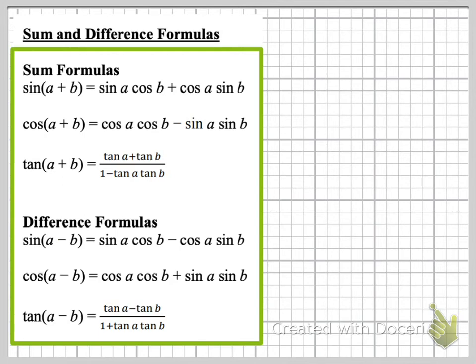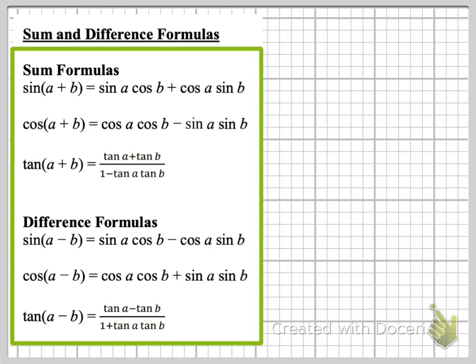You're going to really go over this quite a bit in pre-calc, but it really does start bubbling your brain when you start looking at all these sines and cosines, A's and B's. But the nice thing is, it can really show you how you can get an exact measurement for the sine, cosine, or tangent of angles that are not 30, 45, 60 degrees, 90 degrees, or multiples of 30 or 45 degrees.